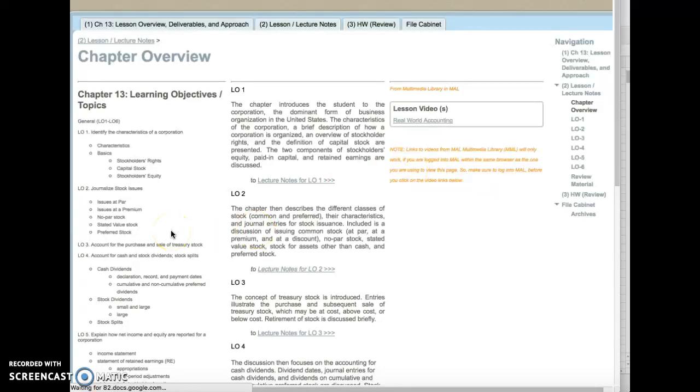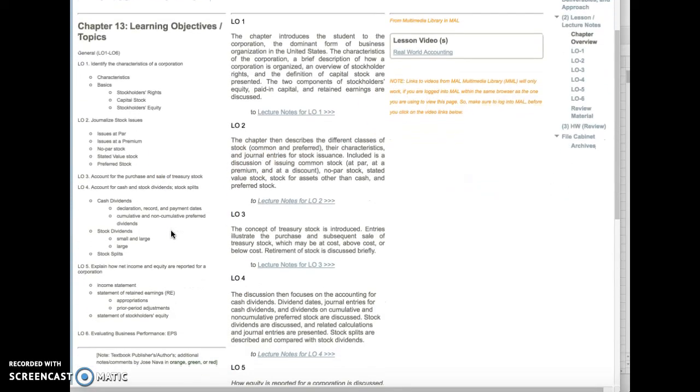Here you've got, as always, the detailed outline by learning objective for this chapter. As you can see, LO1 is discussing the overview or introduction to corporations. That's all conceptual. And then in LO2, that's where you get into the meat of the chapter.